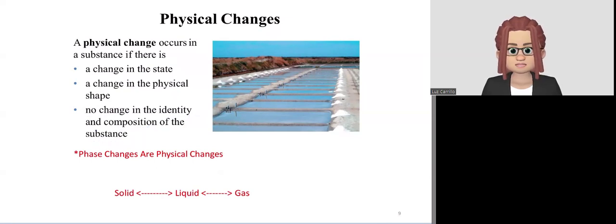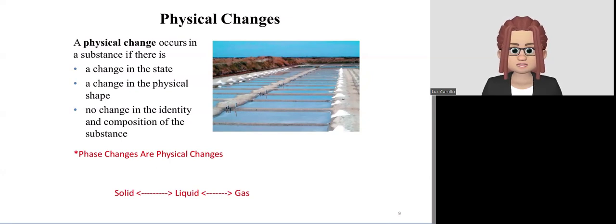On the image that you see on the right side, this is actually illustrating how sea salt is obtained. So from the mixture of seawater, what happens overall is that there is a physical change because the water is boiled off and then the salt is left over.